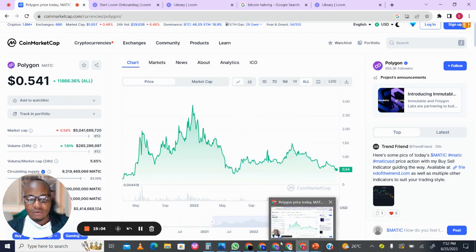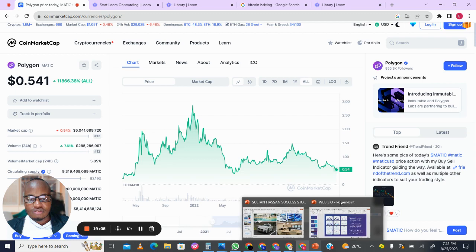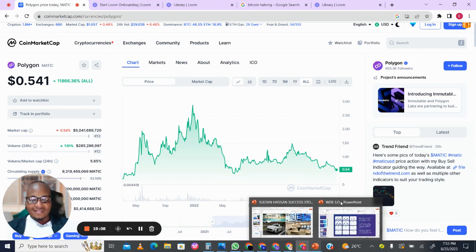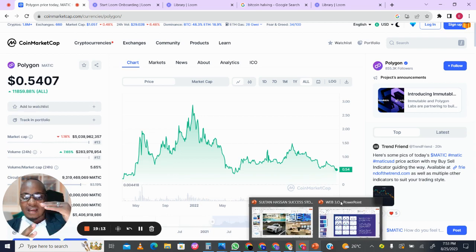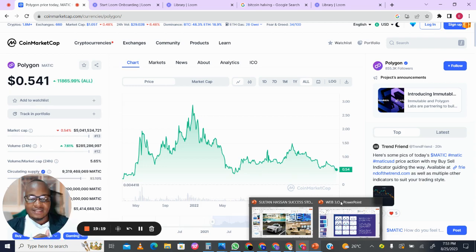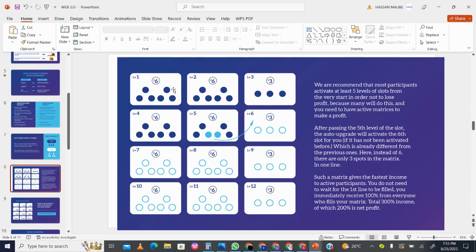So the smart contract can help you accumulate these coins, and after you accumulate them, you hold until Bitcoin reaches an all-time high. The rest of the cryptos will have reached an all-time high. You can now sell these coins and actually make your own money in the easiest way.